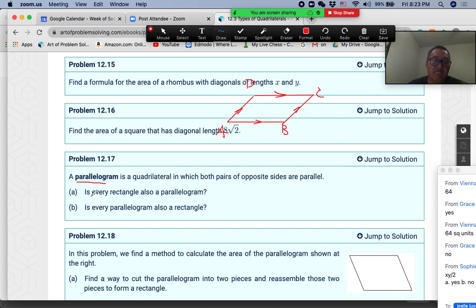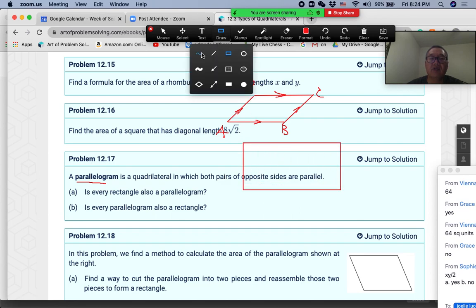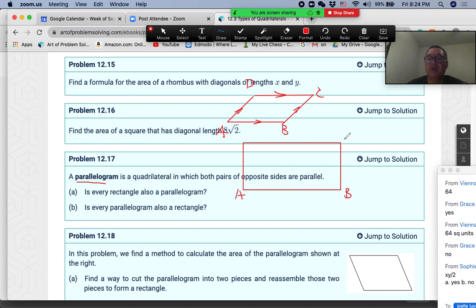Then now, is every rectangle also a parallelogram? Yes. Say a rectangle is this. Suppose the rectangle is ABCD.